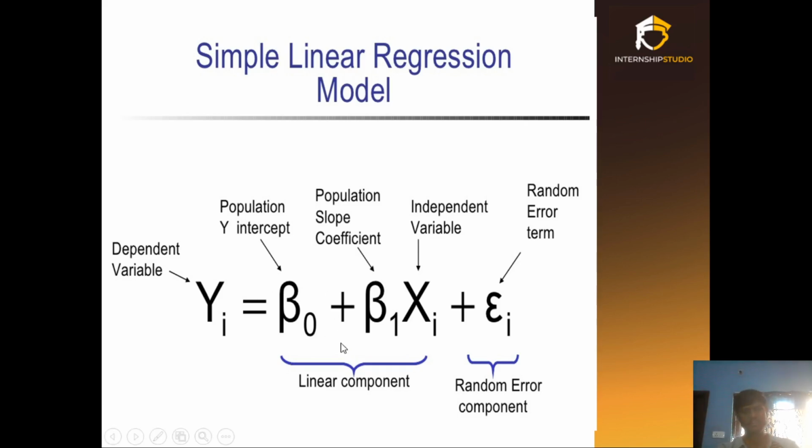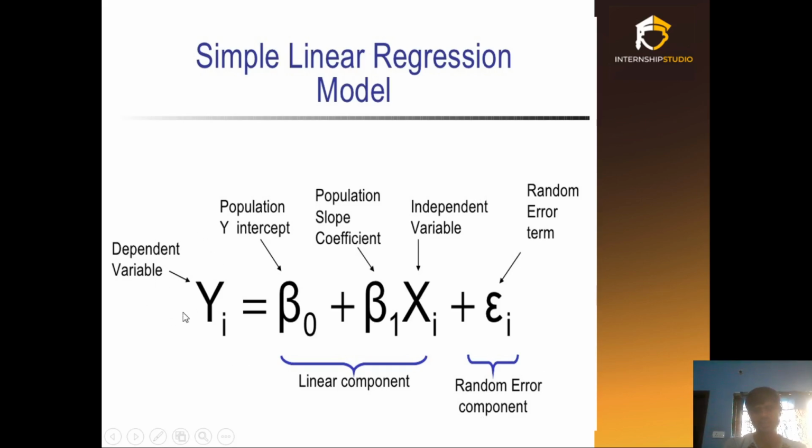In the same way, beta naught is your y intercept, and beta 1 is the slope coefficient, like the m I was speaking of in the line example. Similarly, beta 1 is the slope coefficient, and xi is the independent variable.